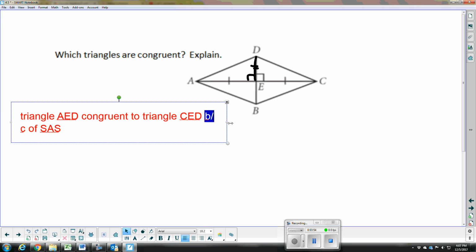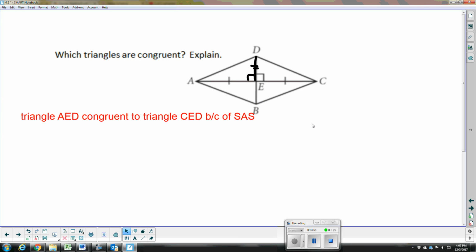Alright, the next one we'll look at is, again, a triangle with another shared side that also has given information. BE is a shared side of triangle AEB and triangle CEB.